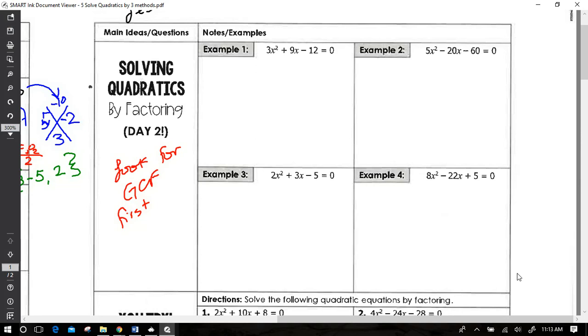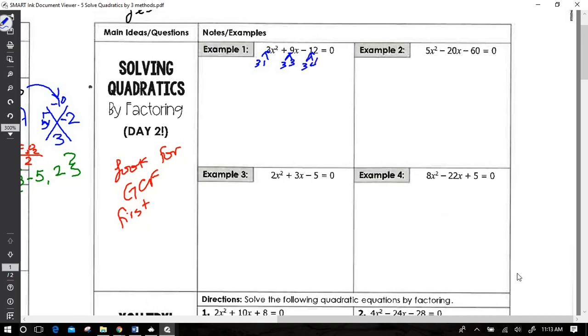3x squared plus 9x minus 12. It's already set equal to 0, so I don't need to worry about step one. Step two is factoring. I do notice that they all are divisible by 3, okay? This would be like 3 times 1, 3 times 3, 3 times 4.